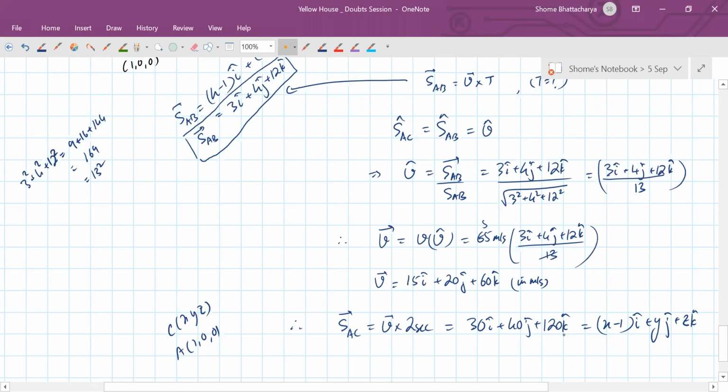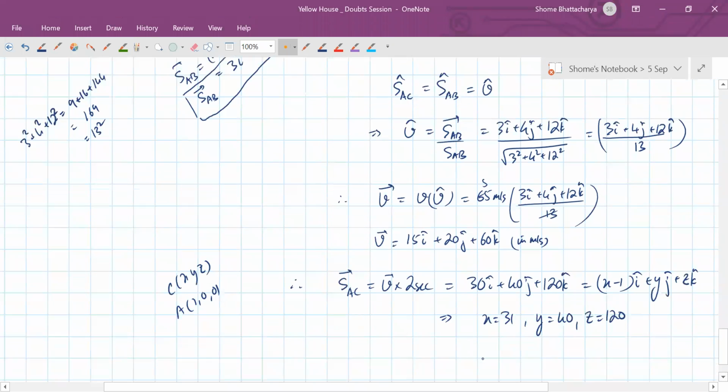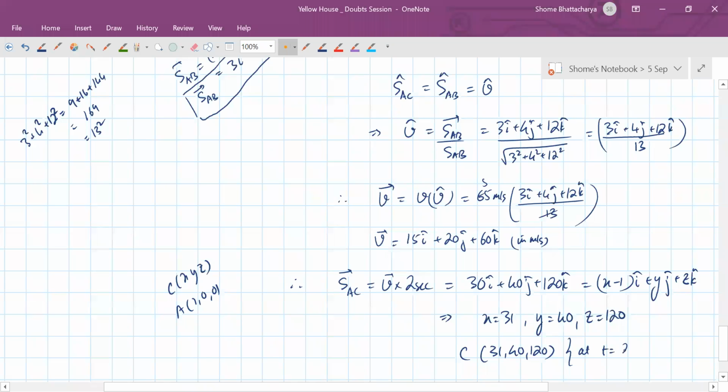So the displacement from here to here should be like this. So from this, by comparison, you can see x is 31, y is 40, and z is 120. So 31, 40, 120 will be the coordinates of the point C, where the particle is at t equal to 2 seconds.